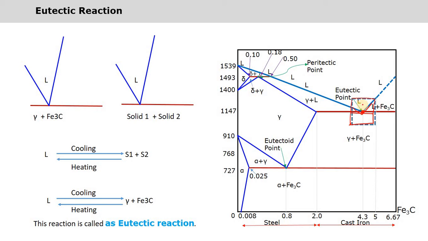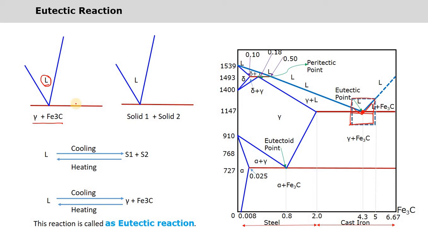Then write what is present in this V shape. It is liquid. So that's why I have drawn the same appearance here. Inside this V, the liquid is present, and below this horizontal line, it is gamma plus Fe3C. Right?